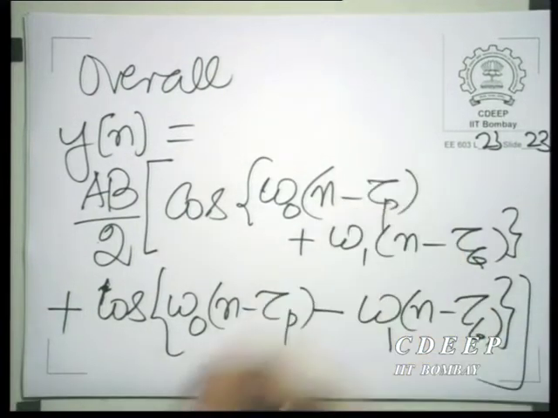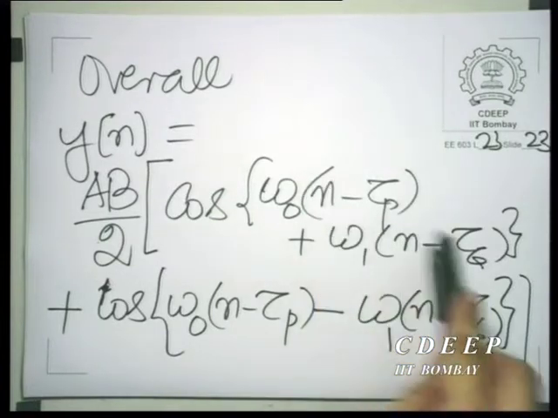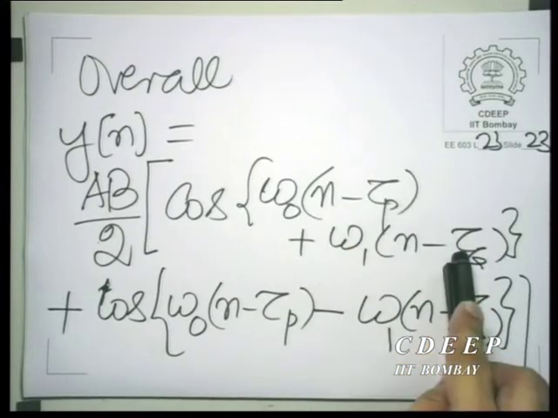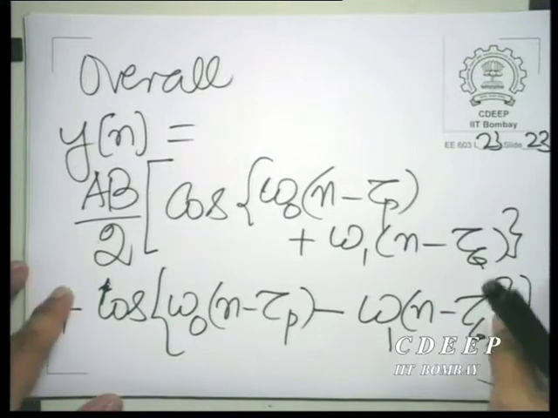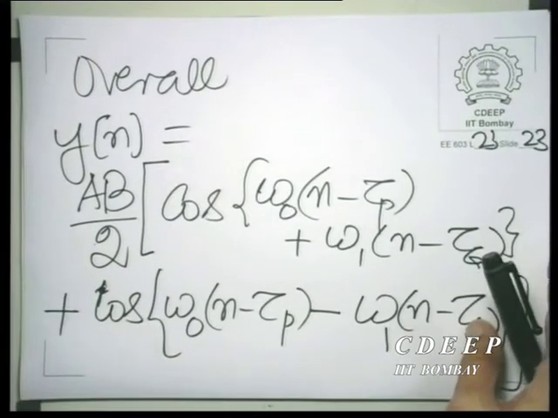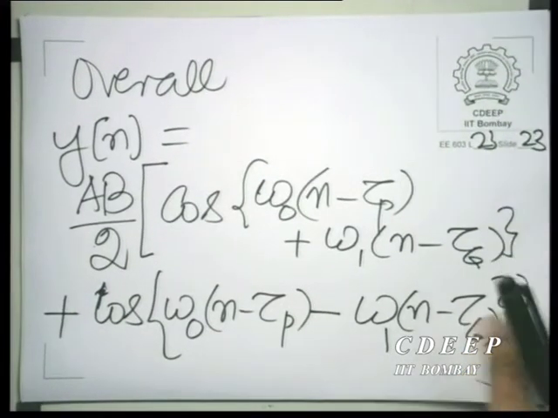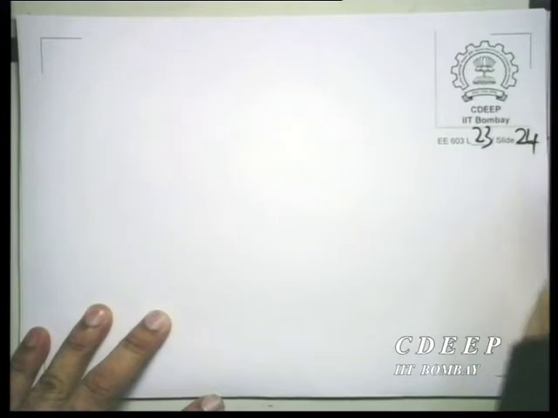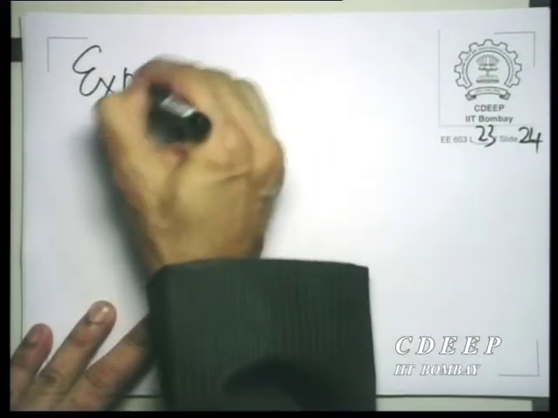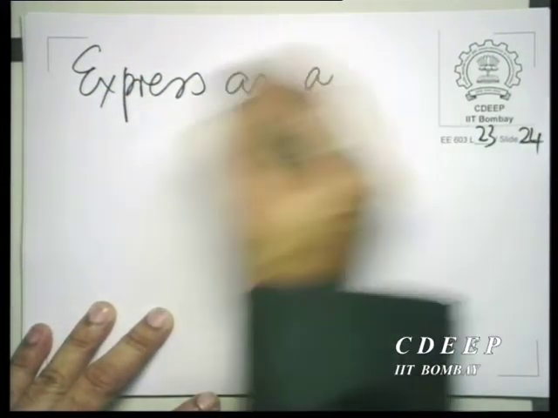So again it is a sum of two sinusoids, as expected. The catch is that you have a very interesting change of time: there is a different change of time on omega 1 and on omega naught. That is very interesting. So you can combine this back, since it was asked to express it as a product of sinusoids.